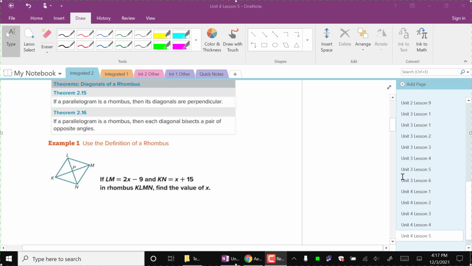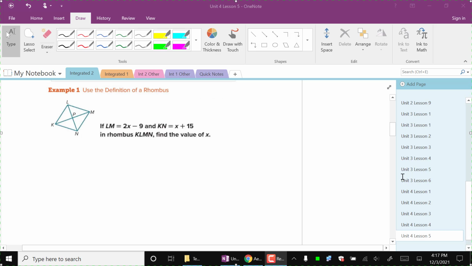So example 1, use the definition of a rhombus. So if LM is 2x minus 9 and KN is x plus 15, in rhombus KLMN, find the value of x.